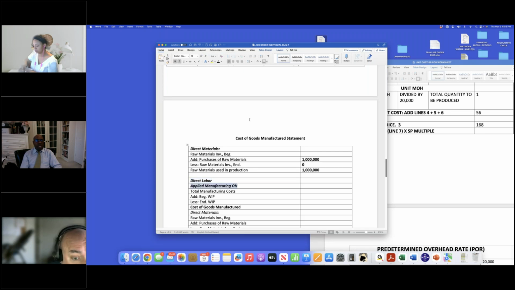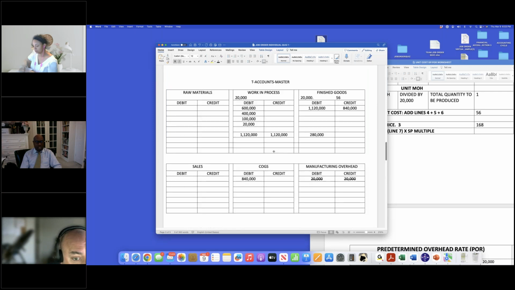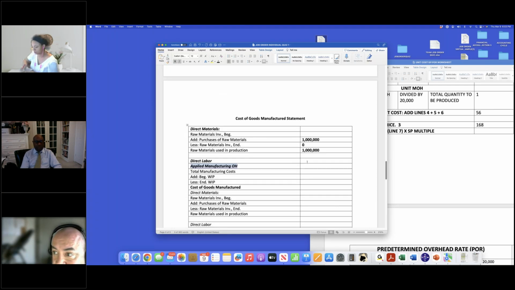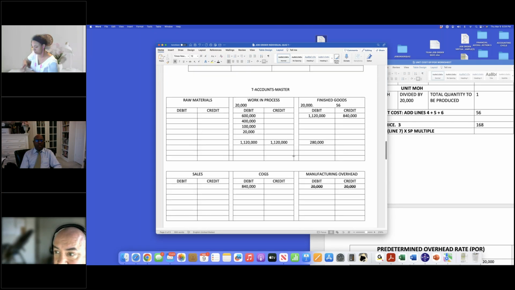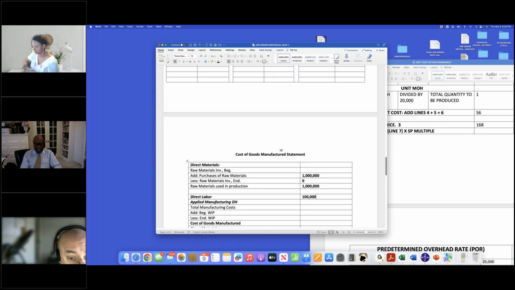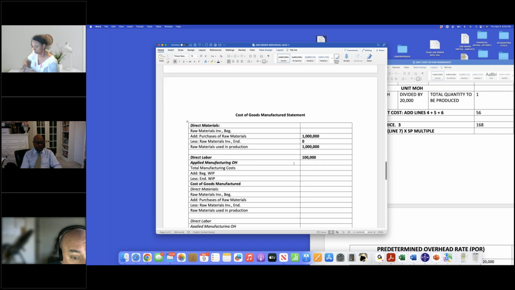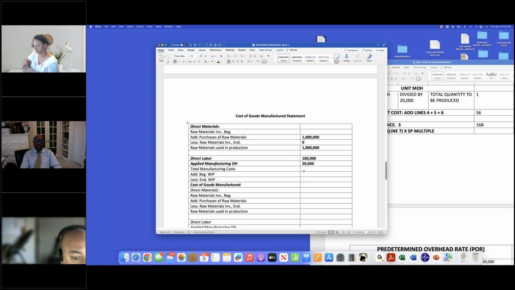So we simply look at our T account. The direct labor was 100,000, so we put the direct labor here, 100,000. The applied overhead was 20,000, and we put the 20,000 here. So our total manufacturing cost is 1,120,000. We just add these 3 numbers: direct materials, labor, and overhead.